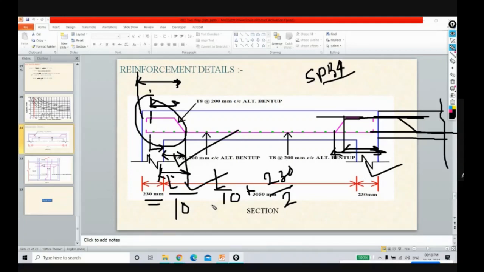Whatever the actual value is, we will definitely discuss it, because we have not covered analysis, software, design, or detailing yet. Here I have taken it only as an example.